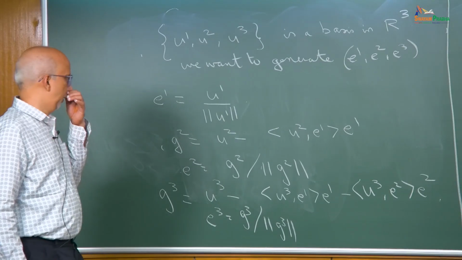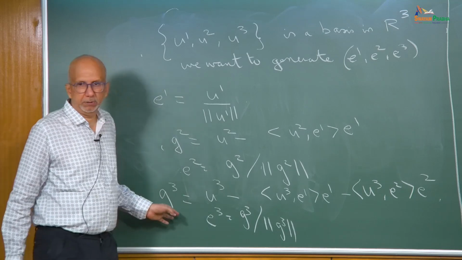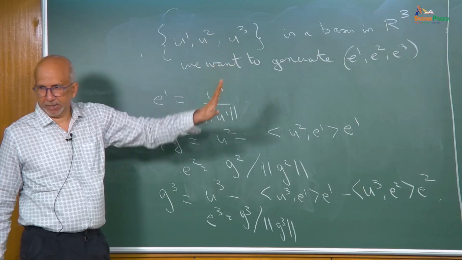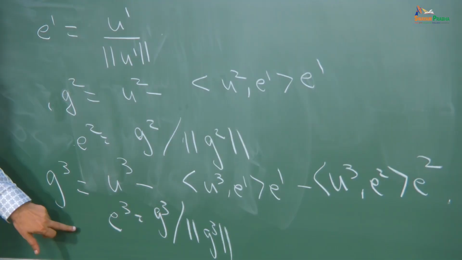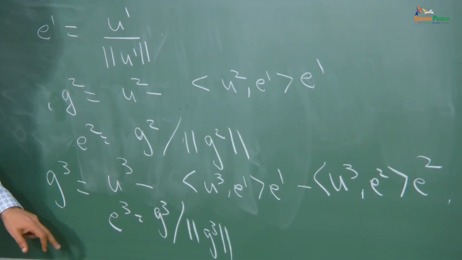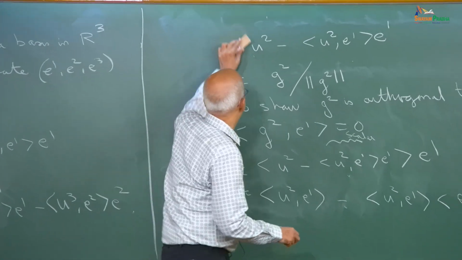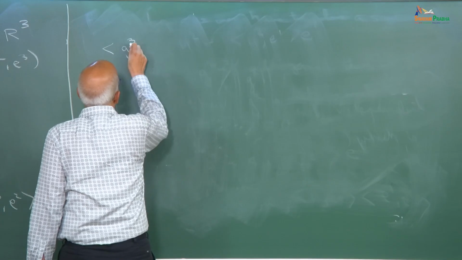Okay. So now let us forget this geometric representation and let us see if G3 is perpendicular to E1 and E2. We want G3 to be perpendicular to E1 and E2. So what is the inner product of G3 with E1?